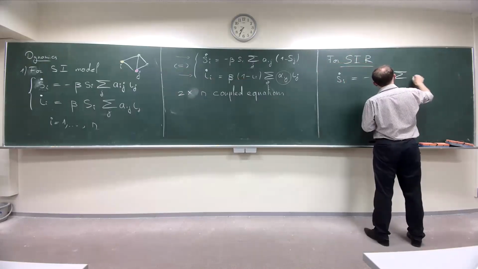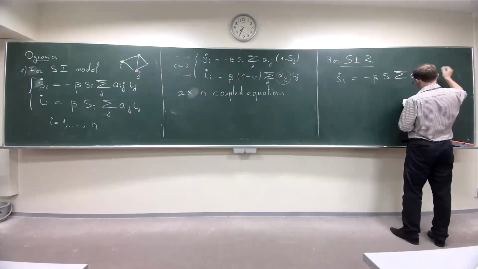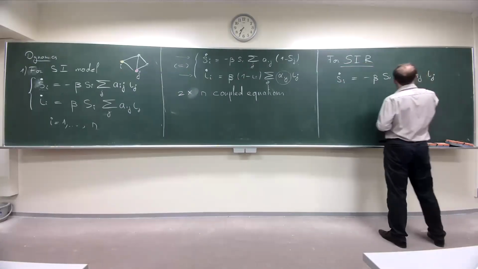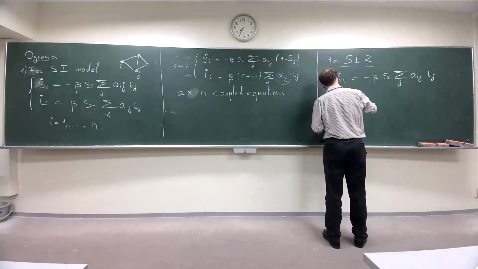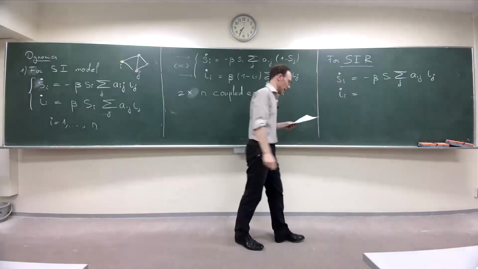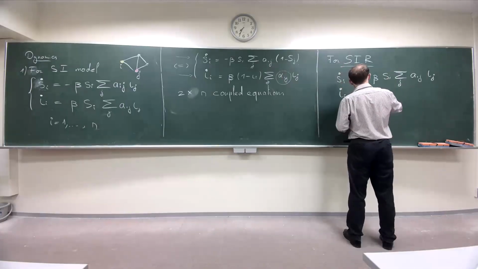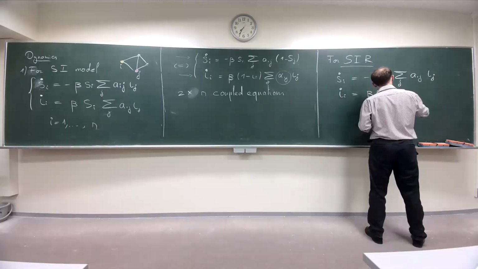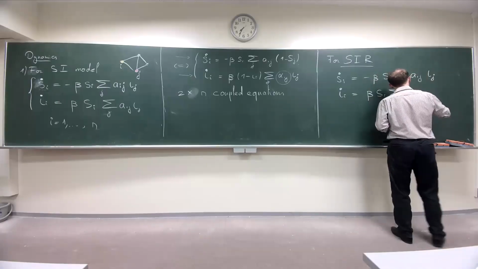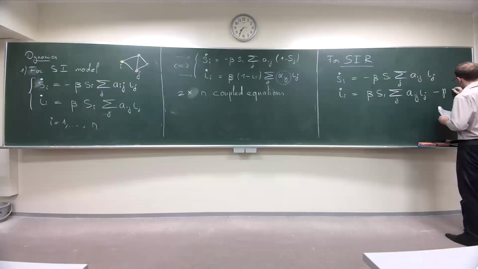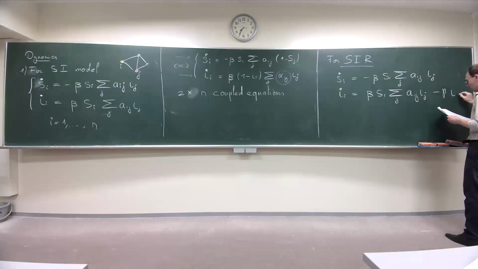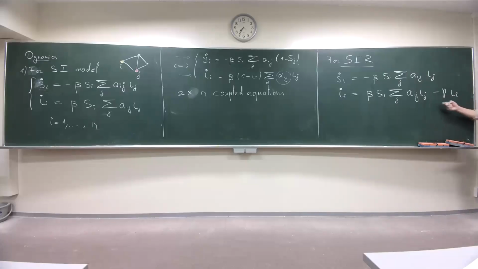Yes, I sum a_ij iota_j with sum over j. So the same thing for the first one. In fact, it's only the second one which is different. The derivative of iota at I is beta s_i, because now you can recover, and the derivative of your probability to recover has two contributions.